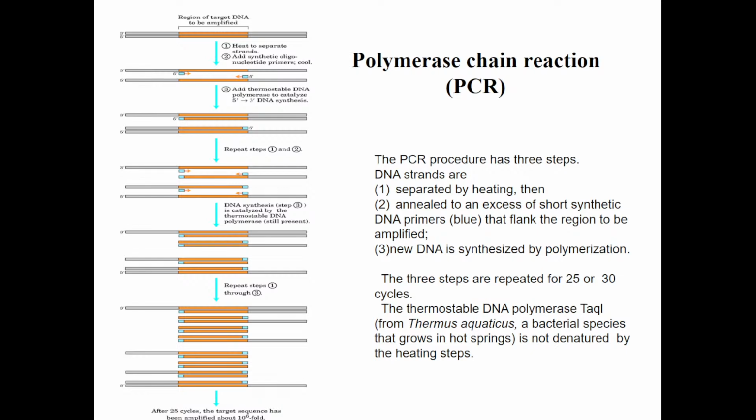Because the bonds between the DNA strands are hydrogen bonds, weak non-covalent bonds, increasing the temperature to near 90 degrees will lead to full dissociation of both strands. Later, the temperature is decreased in the presence of short oligonucleotides, which are called primers.